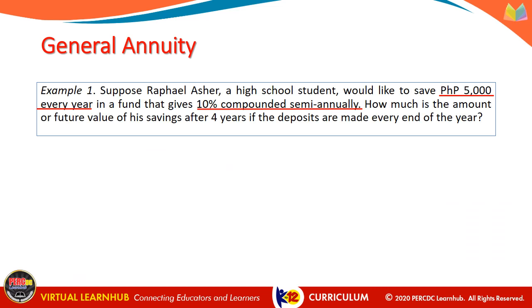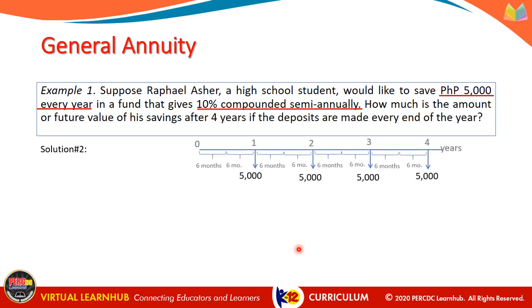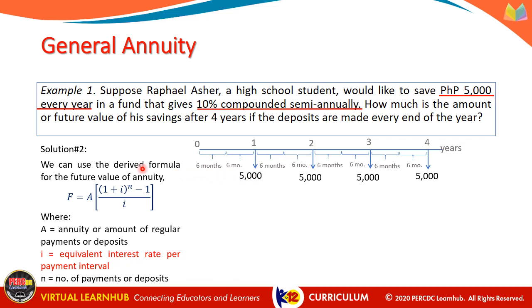Let us try again solving this problem, but this time, let's have a different solution. Okay? For our solution number 2, we will still be making use of this cash flow diagram, and we will use this as our guide. We can actually solve this problem if we use the derived formula for the future value of annuity.